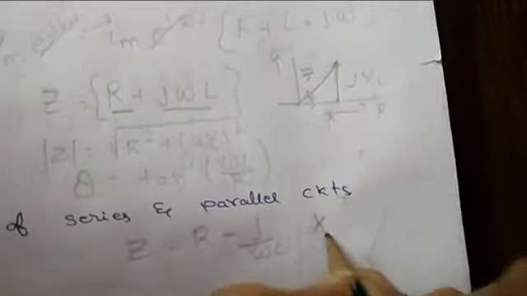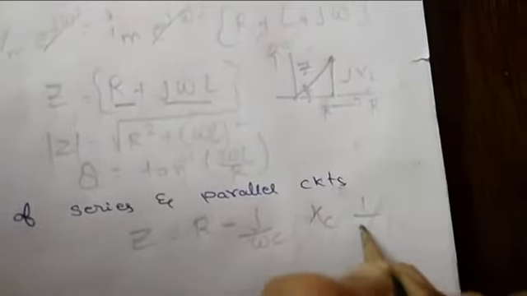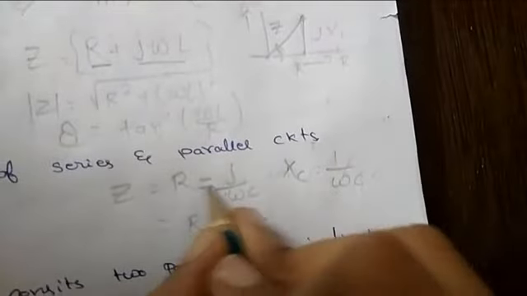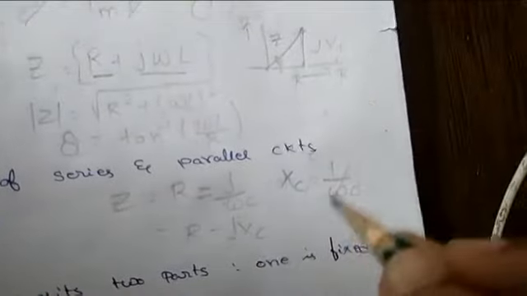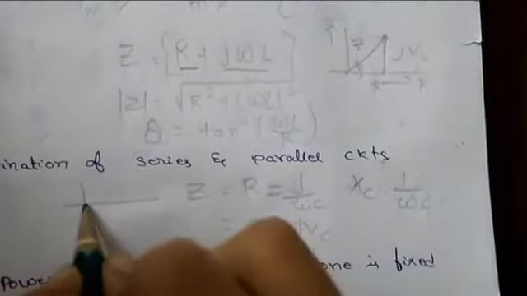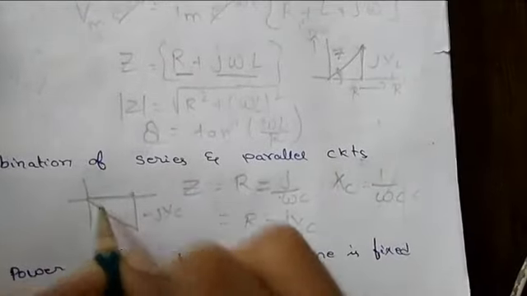Whatever this capacitive reactance is, it is nothing but 1 by omega C. That's why I'm representing this as R minus jXC. To represent this negative term in your impedance diagram, this will be your real axis, this will be your minus jXC, and this will be your angle.